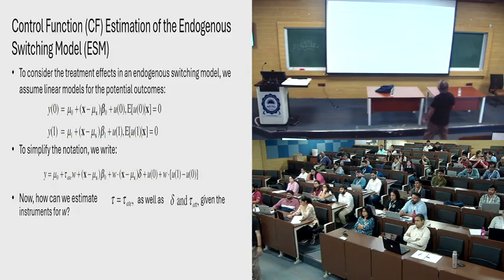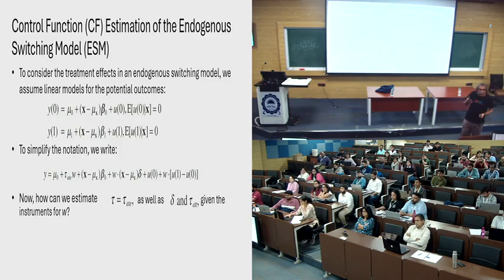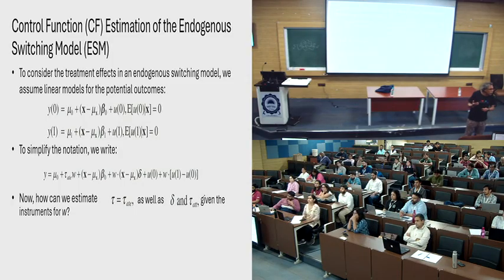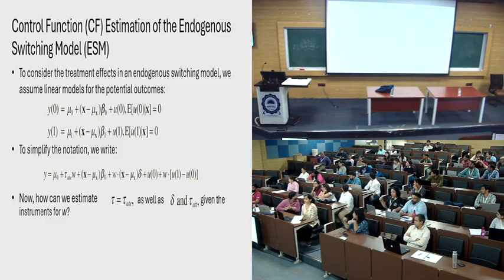Ulrich control function. So here what Ulrich does, you can think of this RDD as nothing but an endogenous switching model or a threshold kind of regression. Someone was asking me yesterday, I forgot, I don't see him here now. Yeah, you. That is the threshold model. How do you do it?